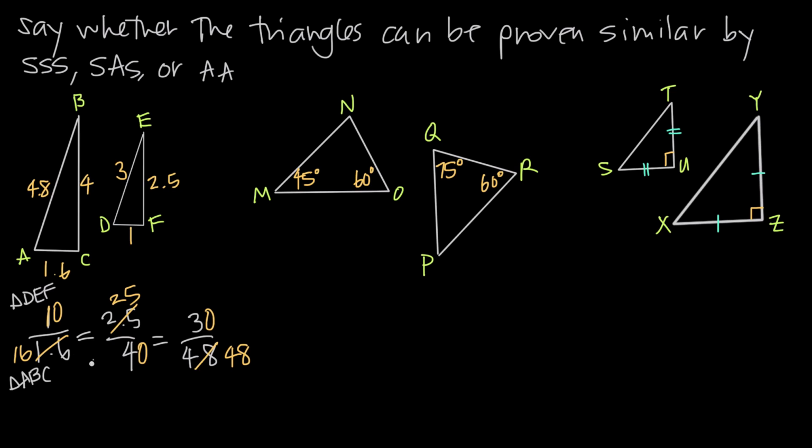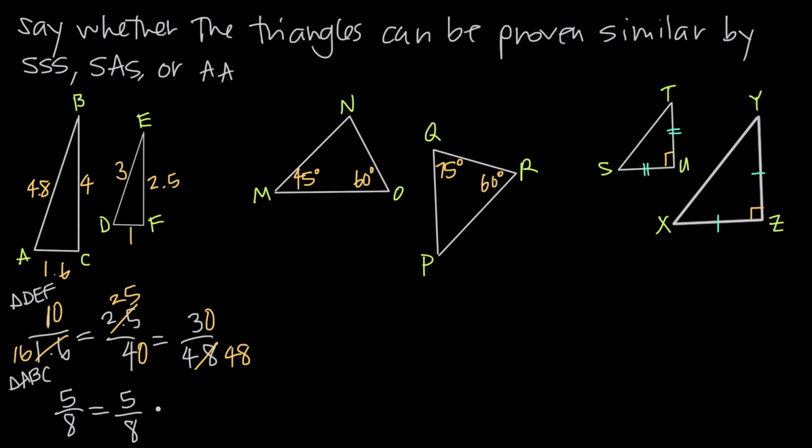So then if we reduce these fractions to their lowest terms, 10 over 16, if we divide both of those by 2, 10 divided by 2 is 5, 16 divided by 2 is 8, so we get a fraction in lowest terms, 5/8. What about 25 divided by 40? Well, if we try to get this fraction in lowest terms, we can divide both the numerator and the denominator by 5. 25 divided by 5 is 5. 40 divided by 5 is 8, so again we get 5/8.